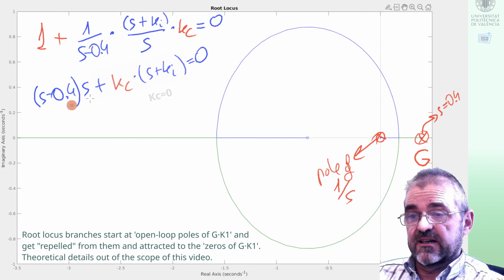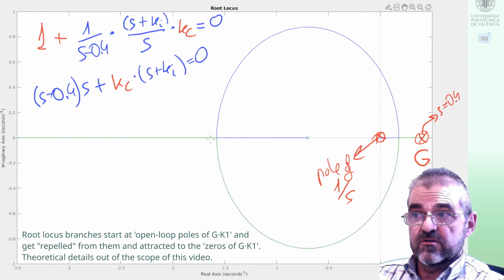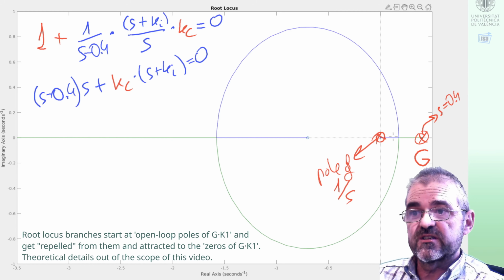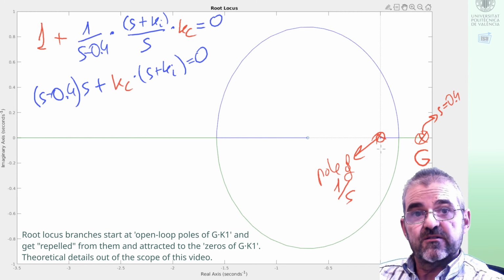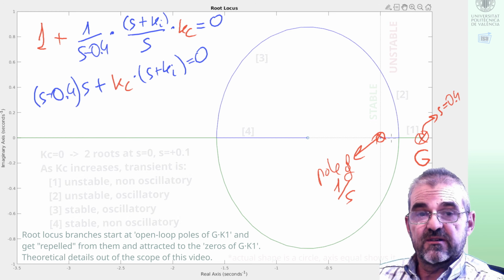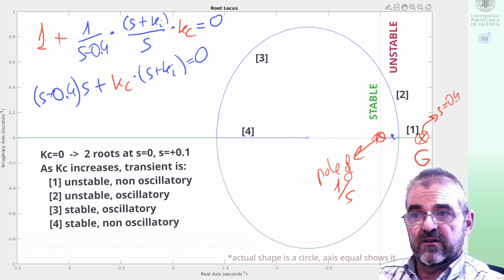Then roots start in there, and root-locus somehow plots an animation in which, as gain is increased, some branches, the roots, get far away from the open loop poles, let's say.